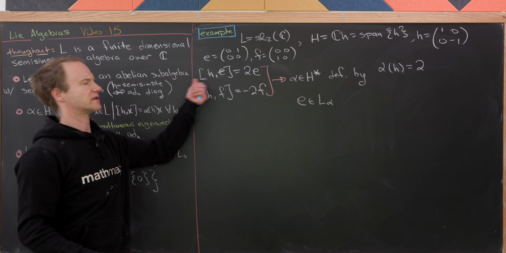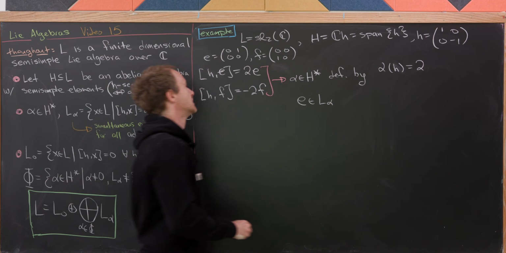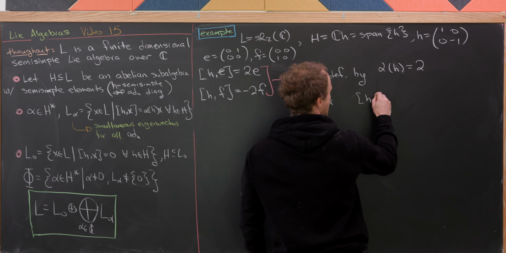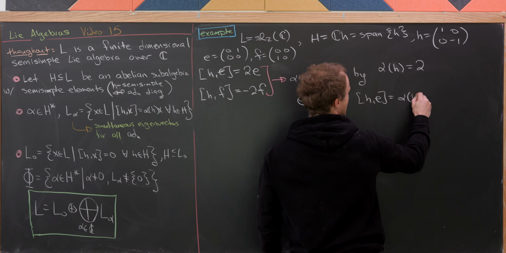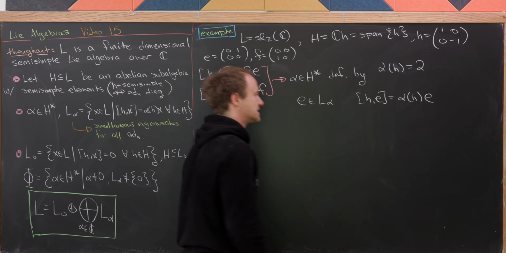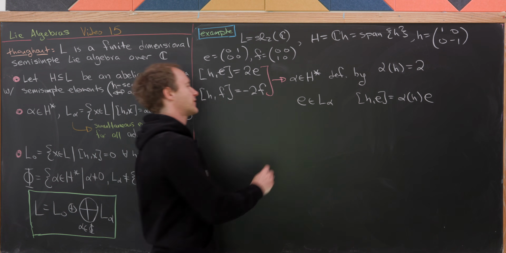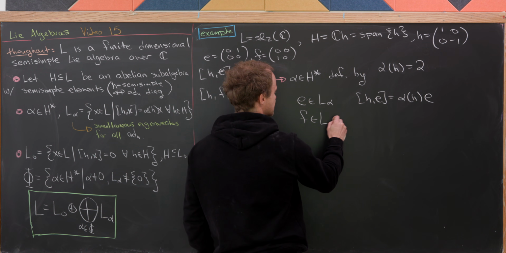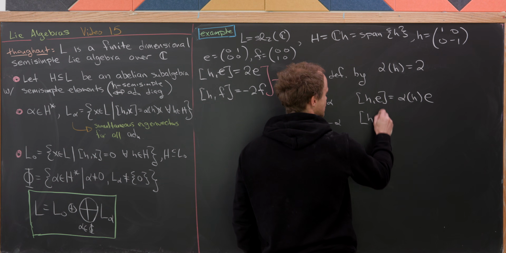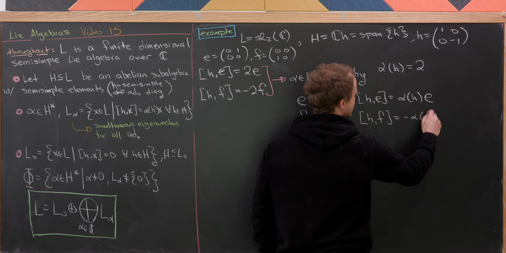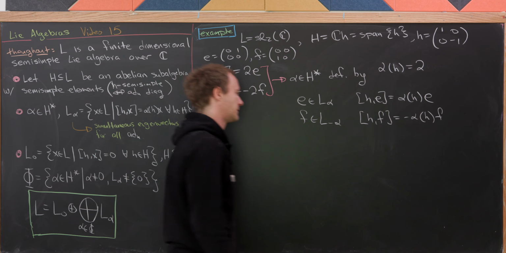I think that's pretty clear, because we have H bracketed with E equal to alpha of H times E, which is 2E. And furthermore, F is an element of L minus alpha, because H bracketed with F is equal to minus alpha of H times F.